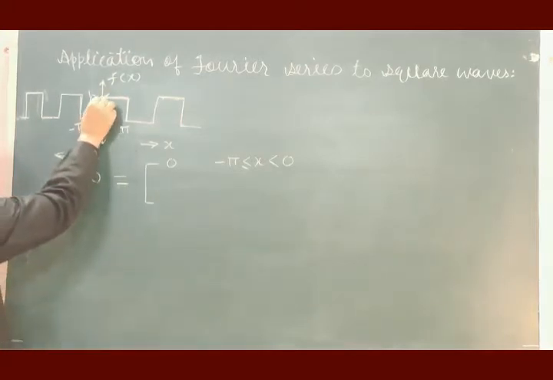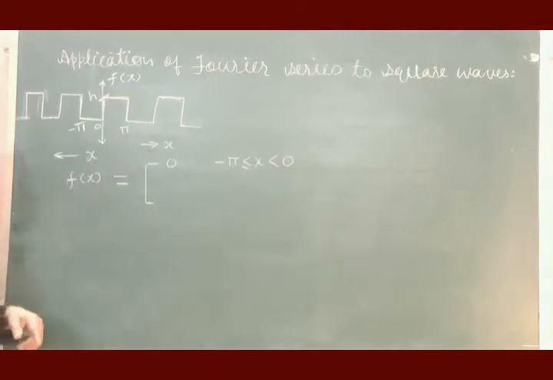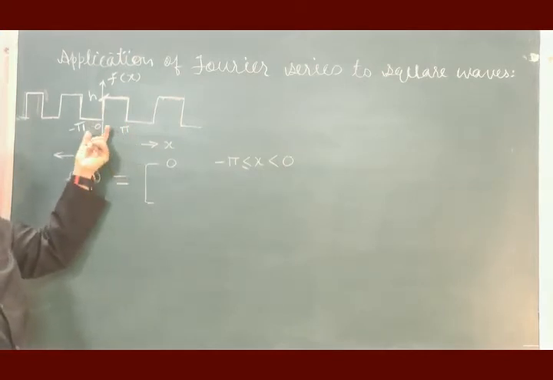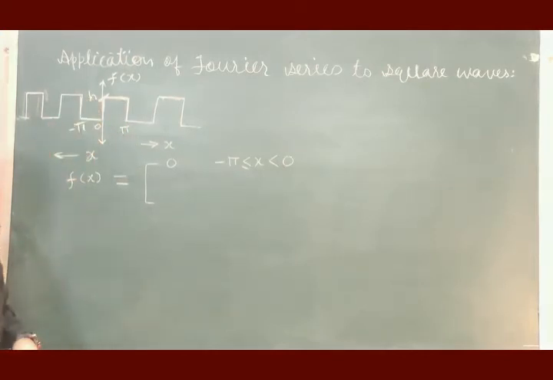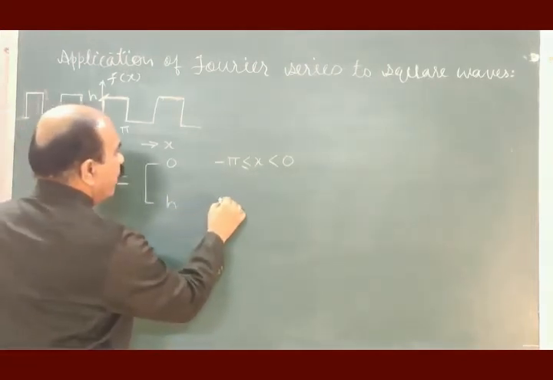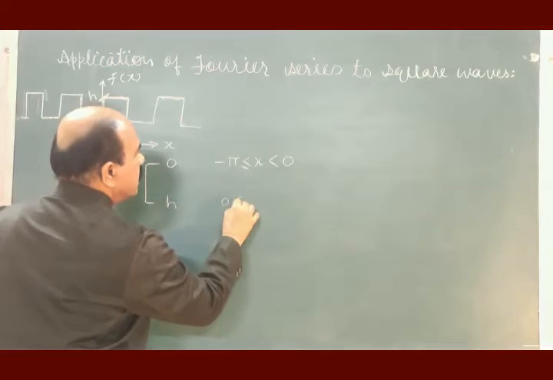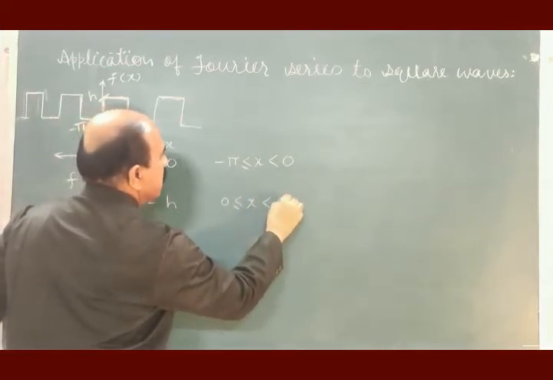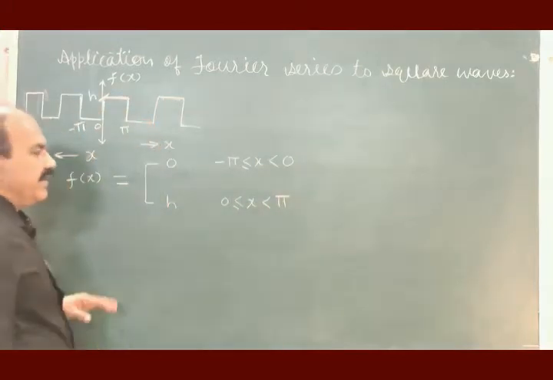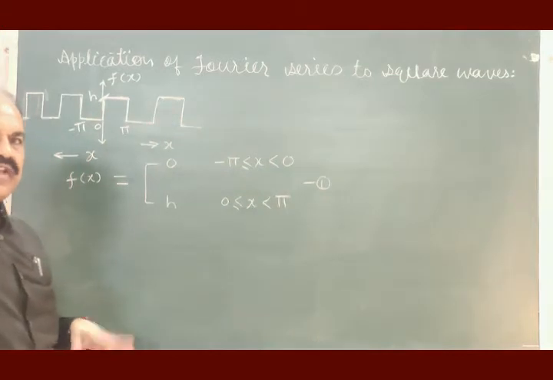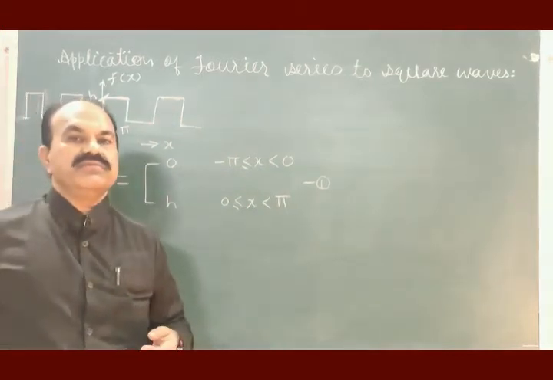So from 0 to pi, the value of this square wave remains h. Let me write here h for 0 less than equal to x less than pi. Equation number 1.